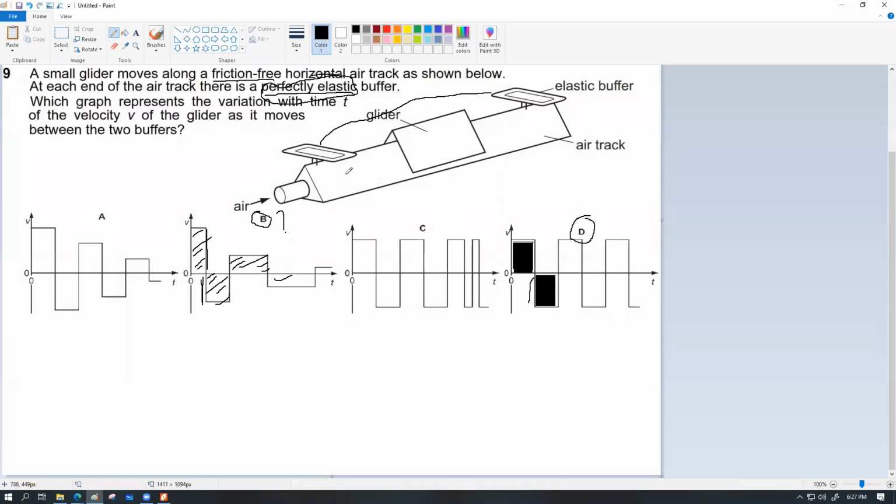There are tiny little holes in this glider. These holes are pushing out air at a very low speed, which makes a very small film of air between this glider and the surface of this triangular track. So practically speaking, it makes it friction free. Practically this glider is floating on air, on a very thin film of air.